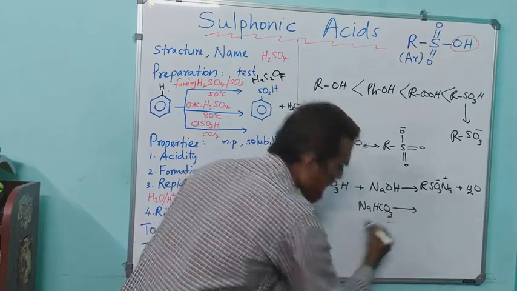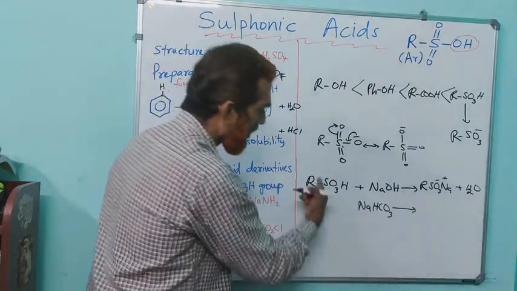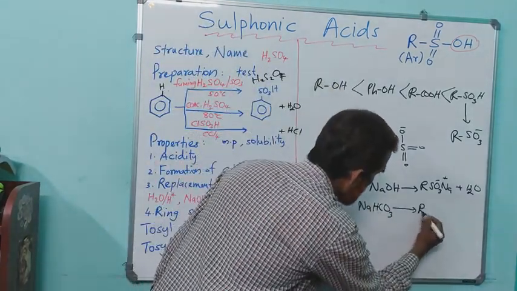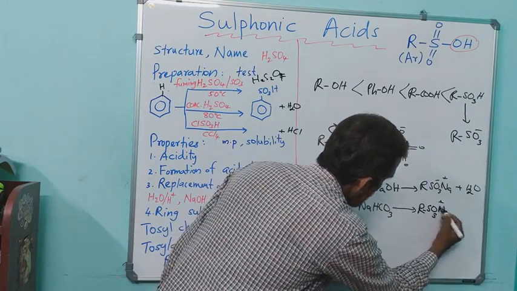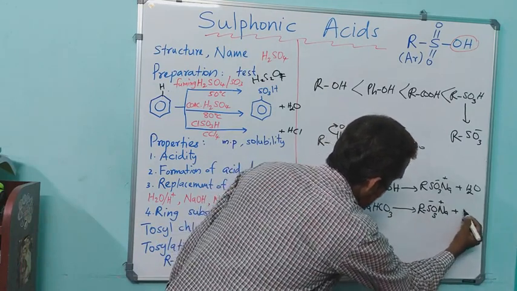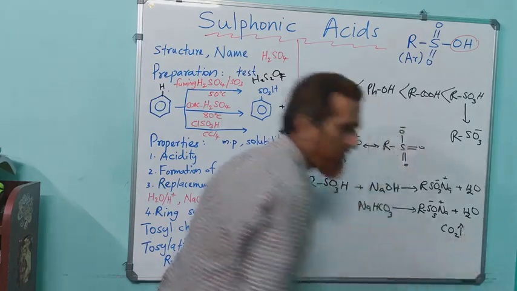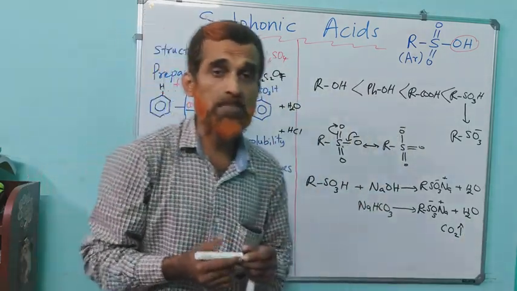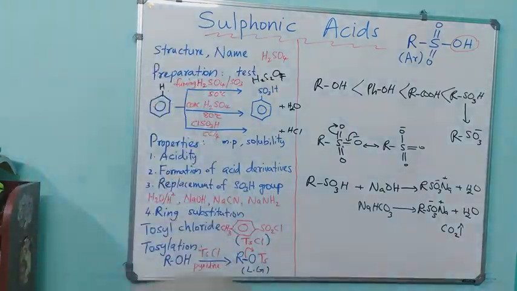You know, this is the reagent for testing acidity of carboxylic acids. Likewise here also, it will form the sodium salt, SO3 minus Na plus, plus H2O. In addition, there will be CO2. That is the best part of this reaction. You can observe brisk effervescence as an indication of acidity.